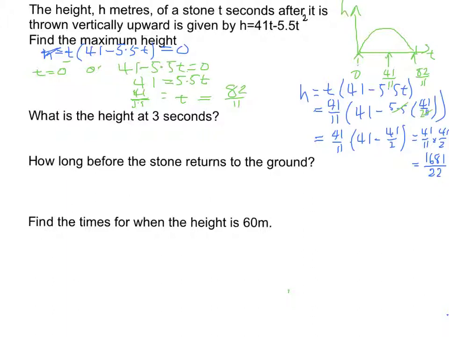For the next part of this question, what is the height at 3 seconds? So I'm going to substitute into the same equation. h equals t by 41 take away 5.5t, which will be equal to, we just substitute t equals 3, so 3 multiplied by 41, take away 5.5 times by 3.